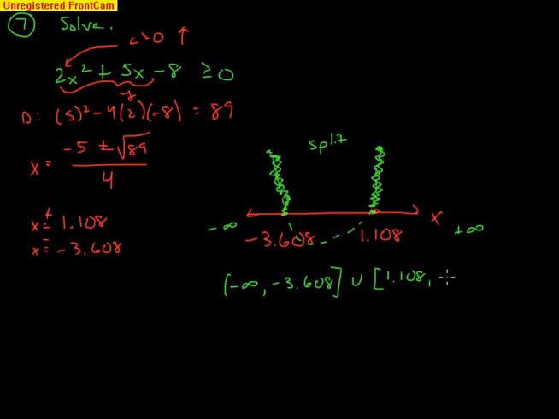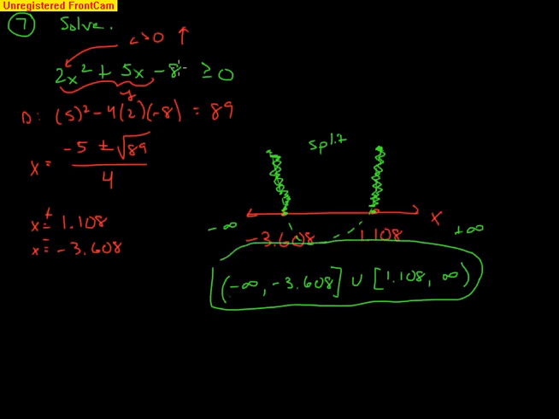And we're going to go all the way to positive infinity. And remember, you can't be the infinity, so these are parentheses. These are not brackets. Okay, so let me make sure this is known, that that's a parenthesis around that negative infinity. All right. And there's the interval at which this quadratic is greater than or equal to 0.